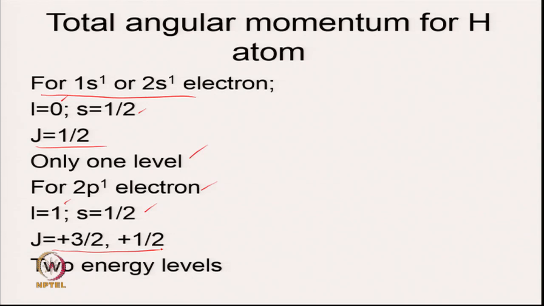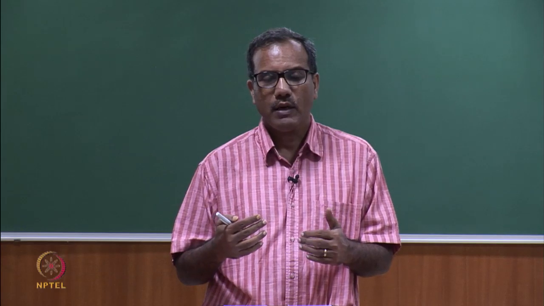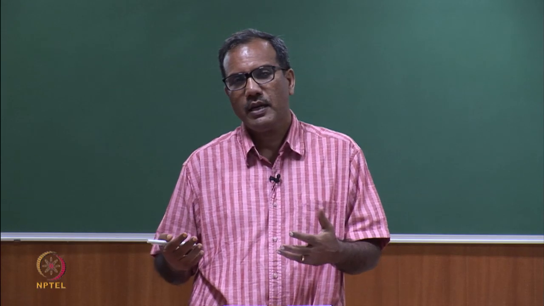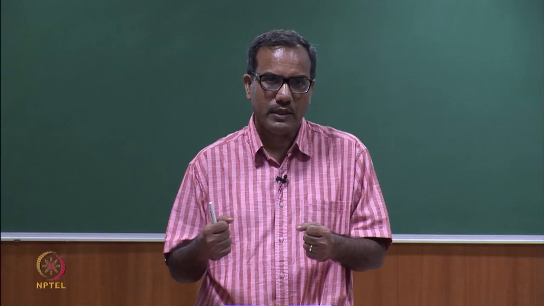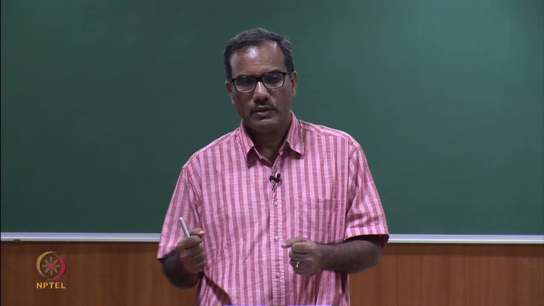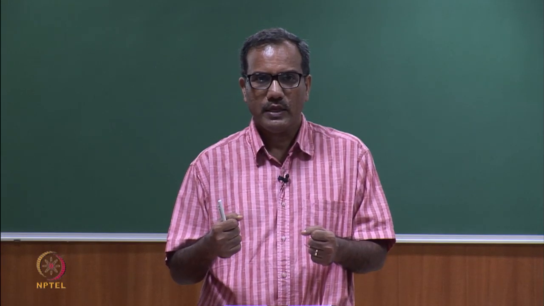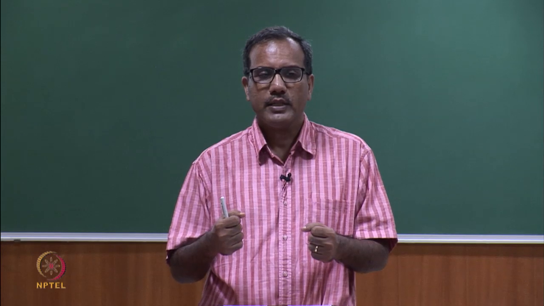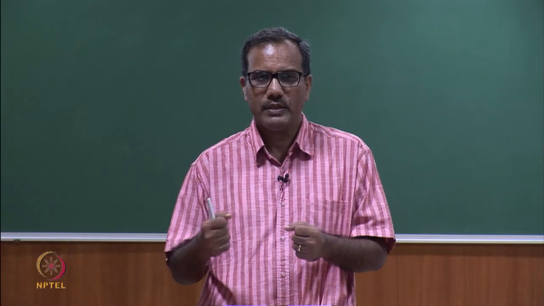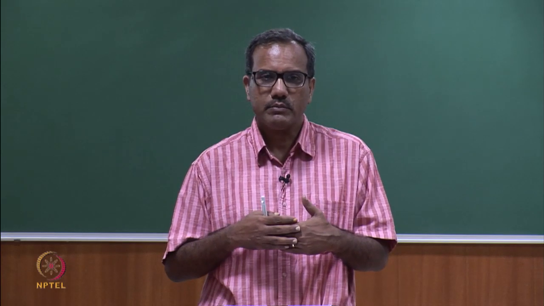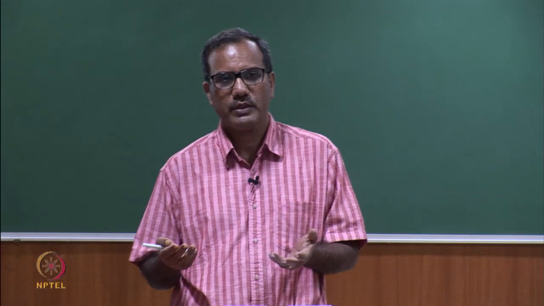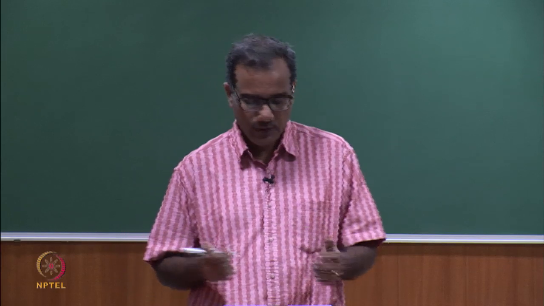So, this is to know how many energy levels a particular energy level is split into if there is a coupling between your L and S, a spin orbit coupling. So, for a 2p1 electron, the 2p level is basically split into two energy levels, one corresponding to J equal to 3 by 2, another corresponding to J equal to half.